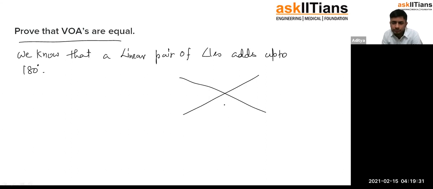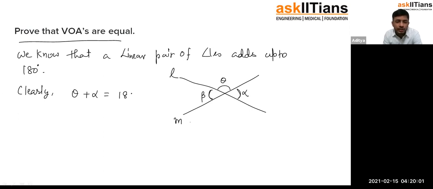Let us say these are two intersecting lines, and let us talk about these two vertical angles. For example, this and this, correct? So let's say this angle is alpha, this angle is beta, and let's call this angle theta. Now, let's call this line L, let's call this line M. Then clearly we can see theta plus alpha would be equal to 180 degrees, since both theta and alpha form a linear pair of angles, right?